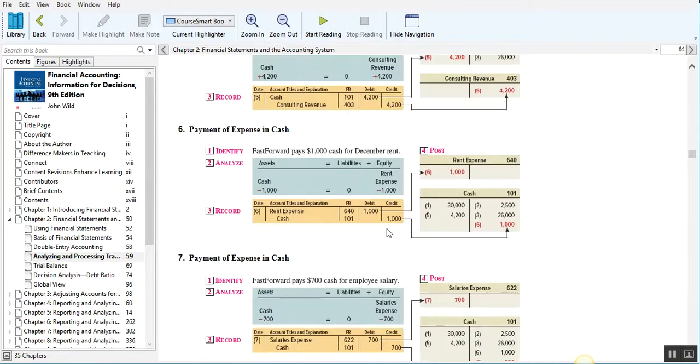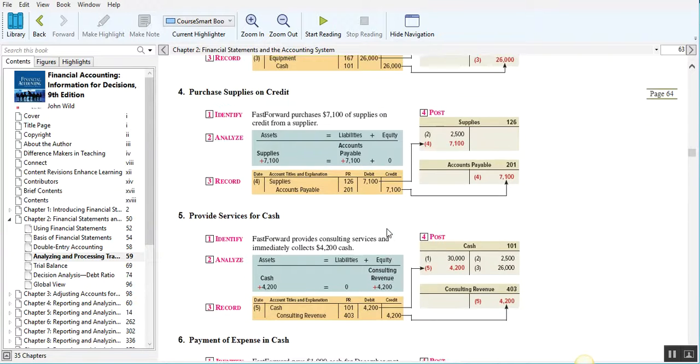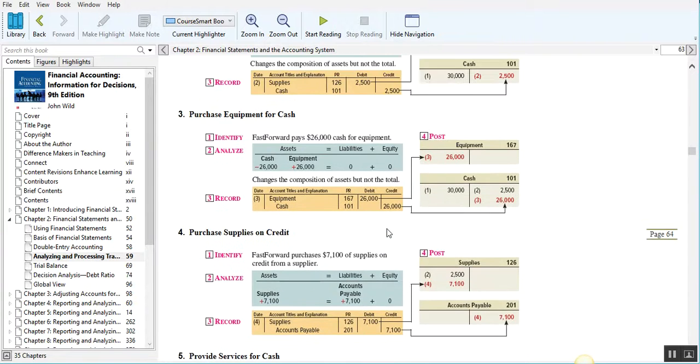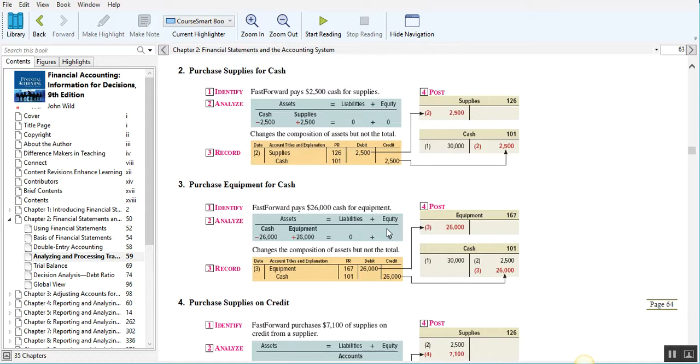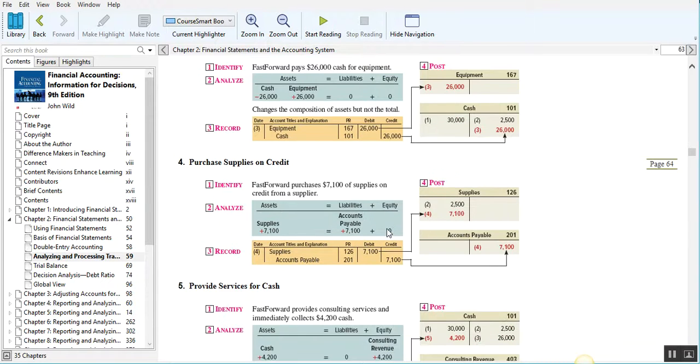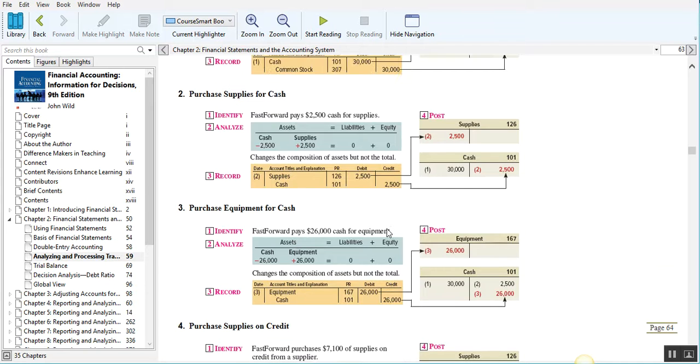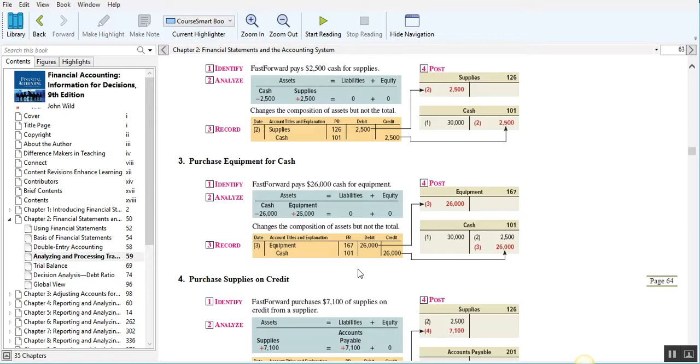So if you have questions, many of these transactions that they show you here are transactions that you will see again and again. So if you see, for example, purchase supplies for cash, you'll see that transaction many times. Purchase equipment for cash, you'll see that a lot as well.